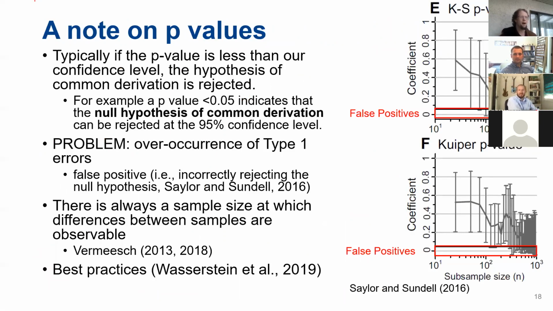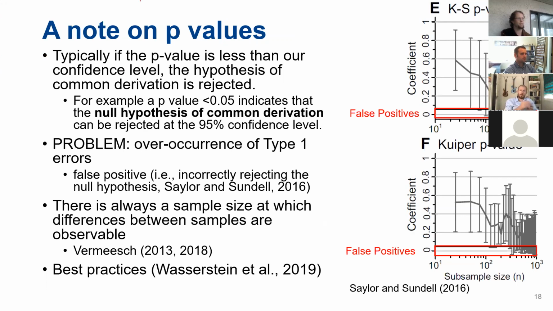So a note on p-values. Often KS distances and Kuiper distances are calculated in order to run a hypothesis test. That hypothesis is typically formulated in the form that we're looking for common derivation.